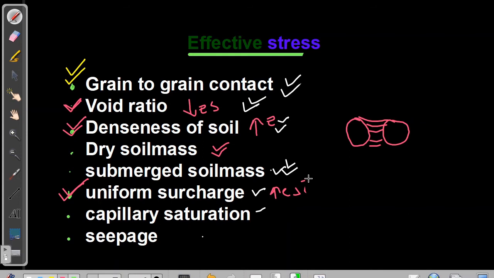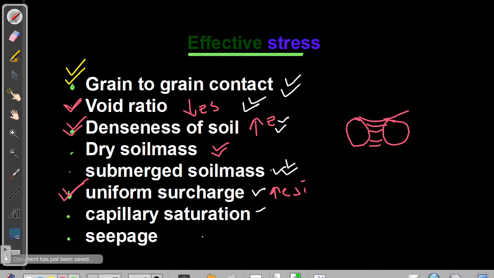Due to submergence, effective stress will decrease. Capillary saturation is due to capillarity, due to surface tension.